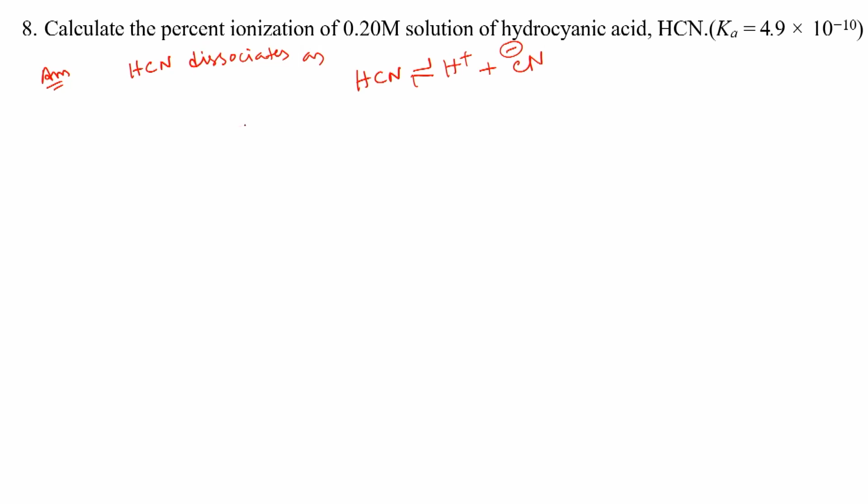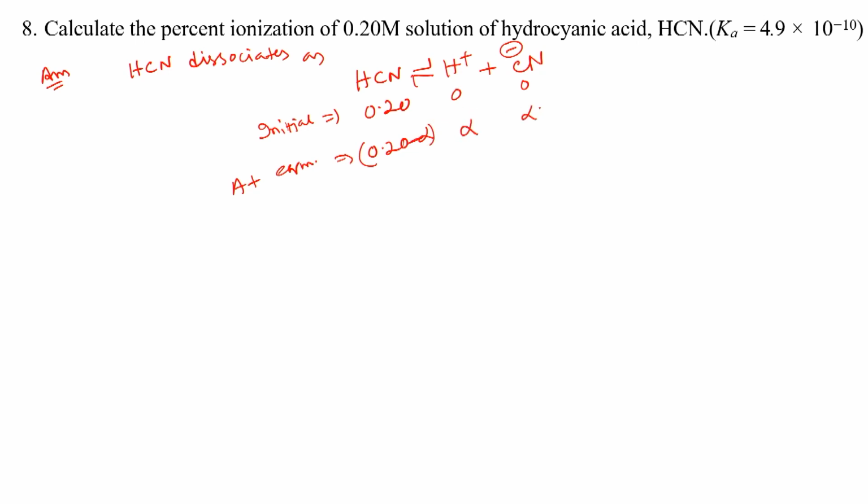Now, initial concentration is 0.20 mole, and initially there is no H plus and CN minus, and at equilibrium 0.20 minus alpha, alpha and alpha.